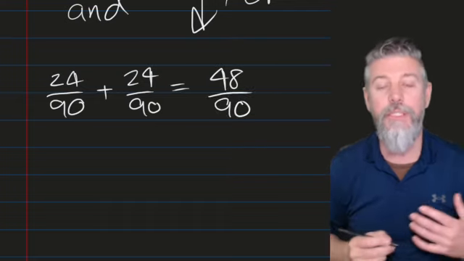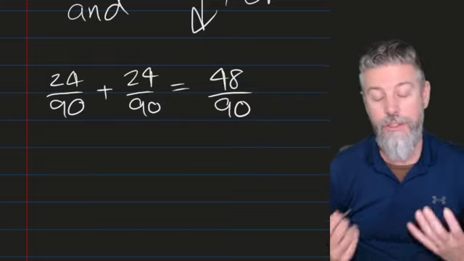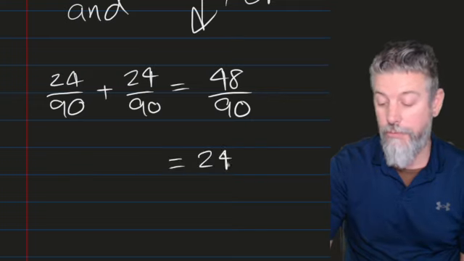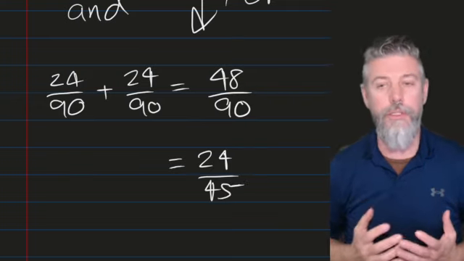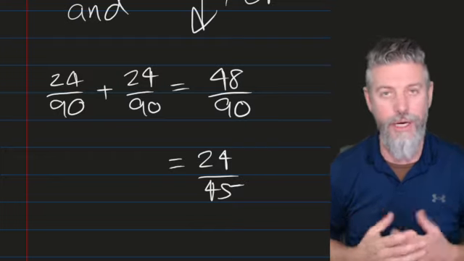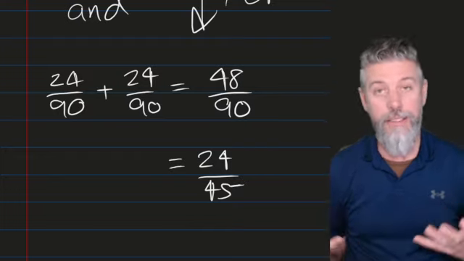And with probability, we can write it as a fraction, we can write it as a decimal. If you're going to write it as a fraction, you probably should simplify. So this one's going to come down to being 24 out of 45. Now, what you'll notice is that this solution, or the final answer here, is close to a half. And I think we should always ask ourselves a question: does that make sense?